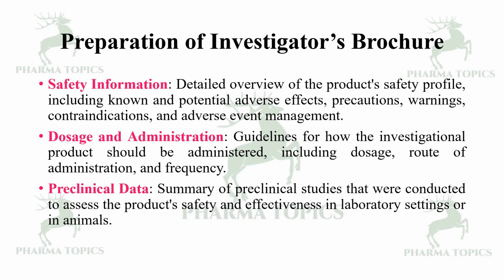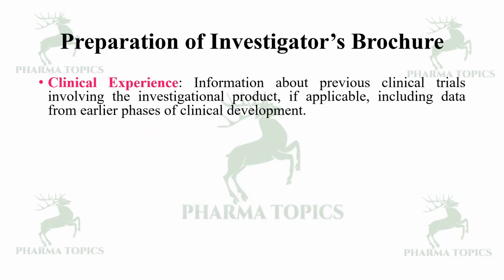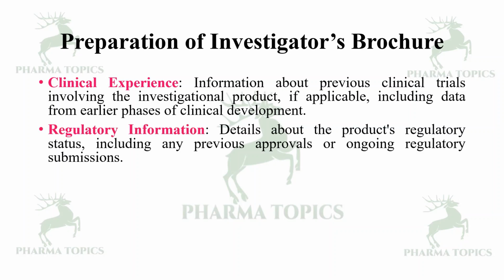Then preclinical data. It should have a summary of preclinical studies that were conducted to assess the product safety and effectiveness in laboratory settings or in animals. Then clinical experience. It should have information about previous clinical trials involving the investigational product, if applicable, including data from earlier phases of clinical development.